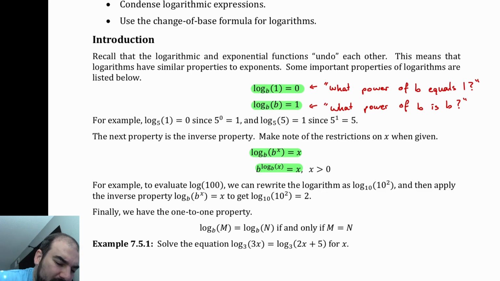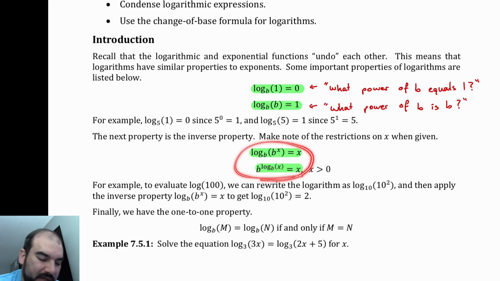This one's a little bit more involved to get to, but if the base of your exponent matches the base of your log in either orientation, so if you have the log first and then the exponential, or you have an exponential and then the log in the exponent, as long as these bases match up, they essentially cancel out and we just get x. So these are interesting ones that we can use when we're simplifying expressions.